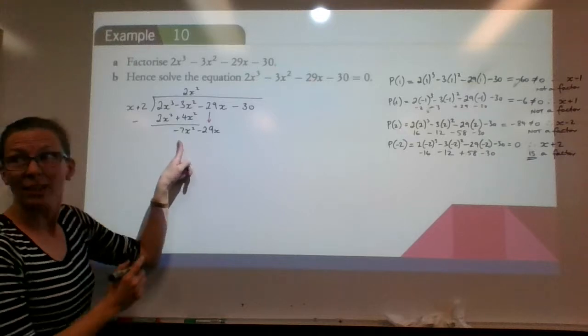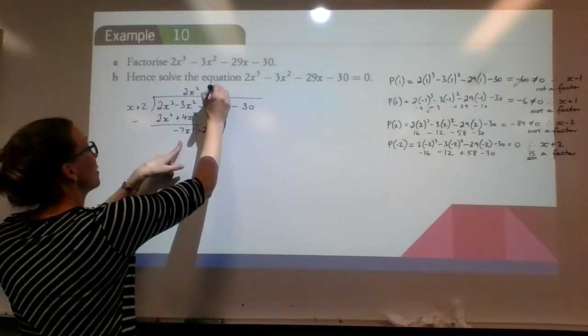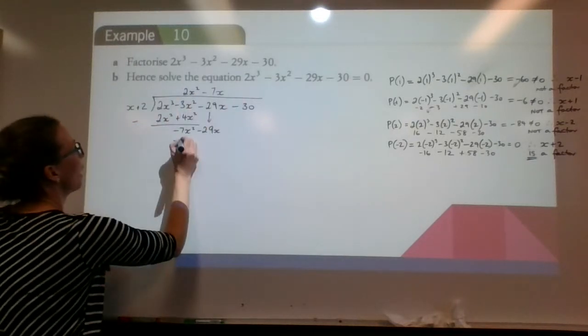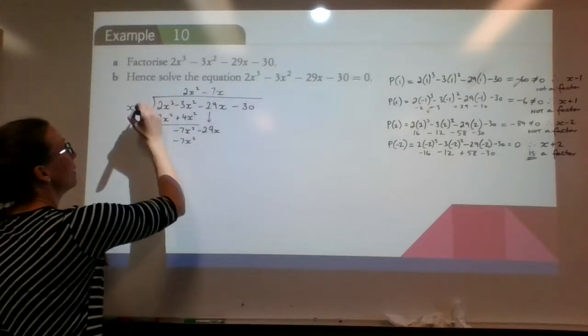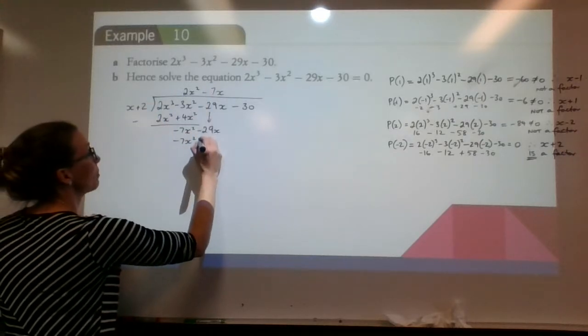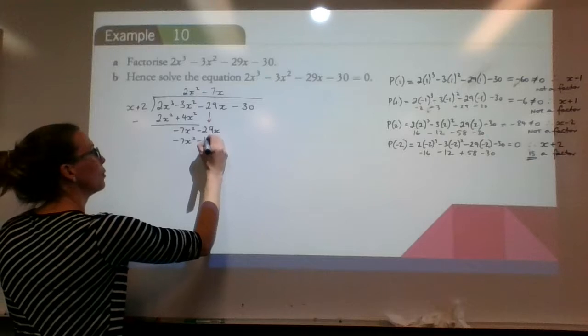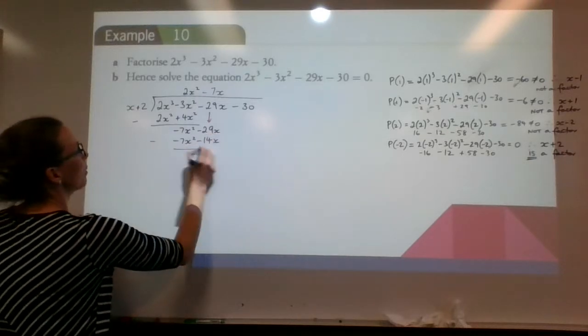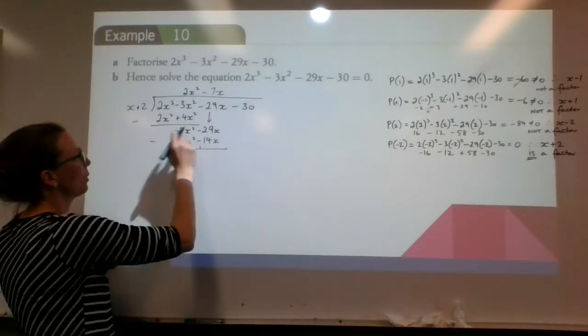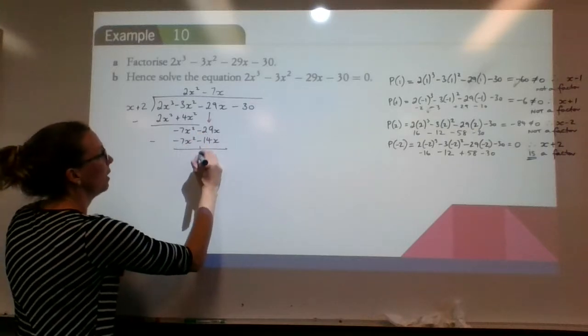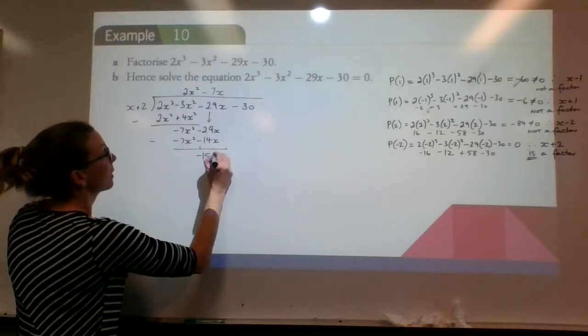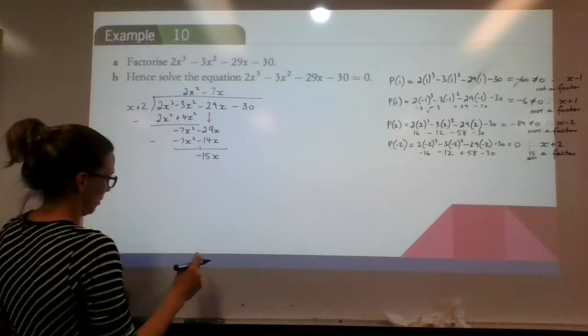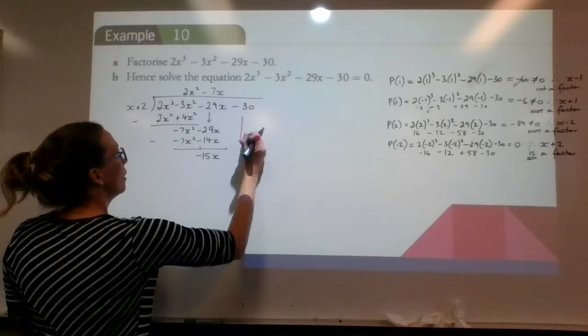X into -7x squared is -7x. Multiply it out. -7x times 2 is negative 14x. Take it away. Nothing. Negative 29 plus 14 is negative 15x. Draw it down.